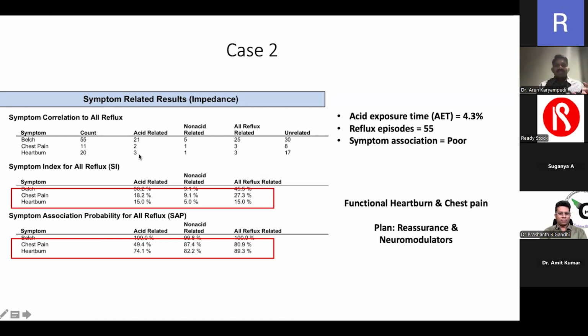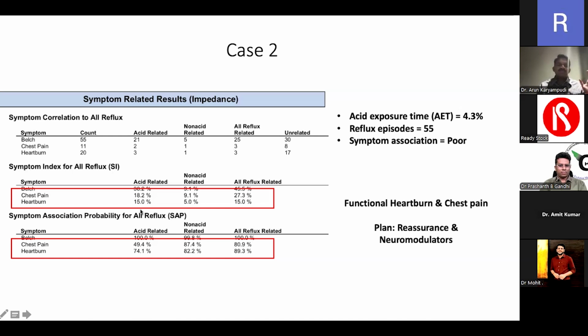When you look at the reflux symptom association parameters, the symptom index was less than 50% for both acid and non-acid reflux episodes. Again, symptom association probability was less than 95% for both acid and non-acid reflux episodes.